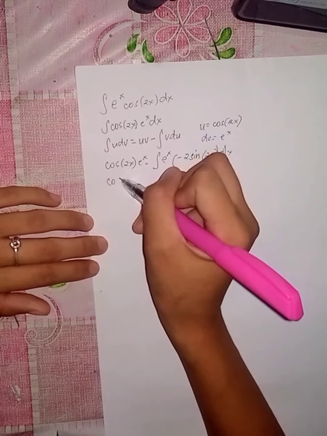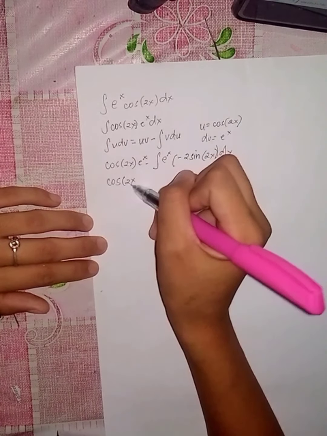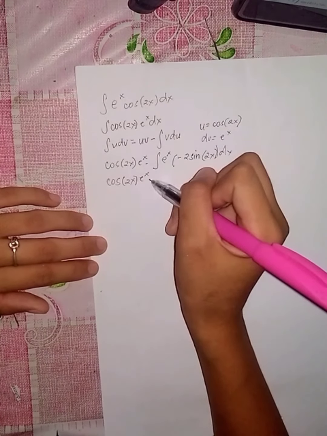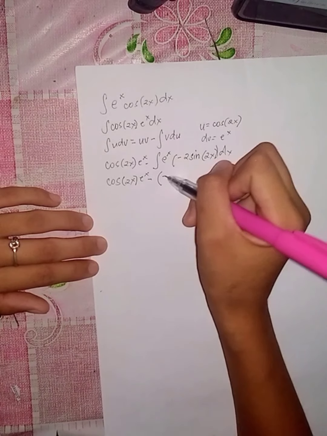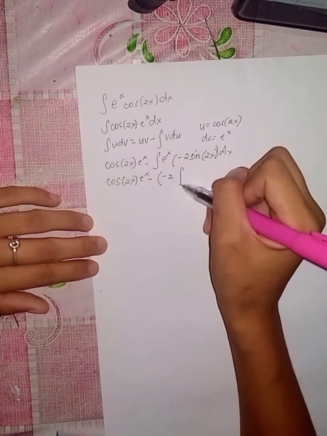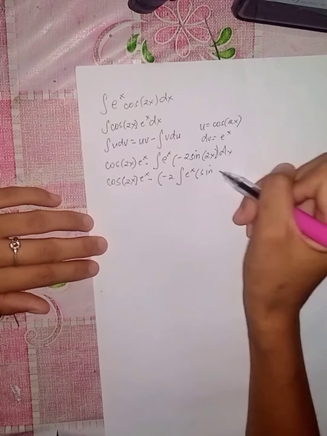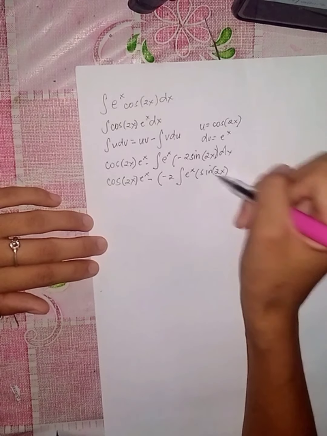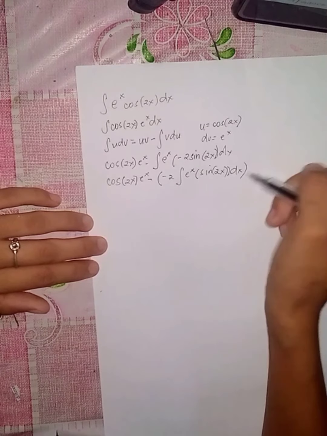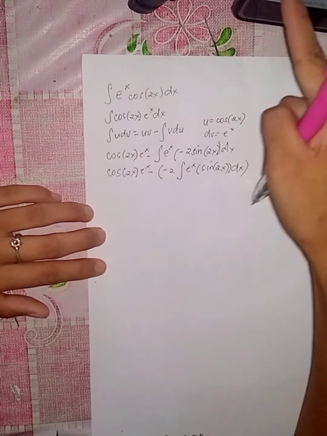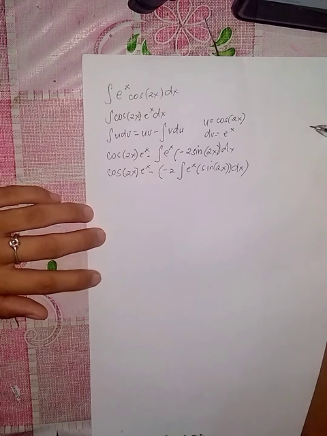So magiging cos 2x e raised to x minus the quantity of negative 2 times the integral of e raised to x sin 2x dx. Then simplify the expression.